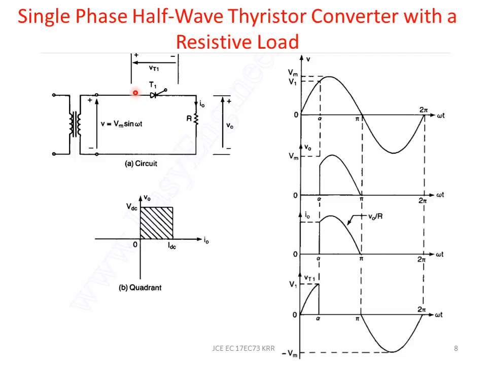When the thyristor is off, the voltage across it will be the same as the input, and when the thyristor is on, the voltage across it will be 0. So from 0 to alpha, the thyristor is off, and the same voltage which is at the input comes across the thyristor. It is exactly opposite to the load voltage: when the load voltage is 0, the voltage across the thyristor is the same as the input voltage.